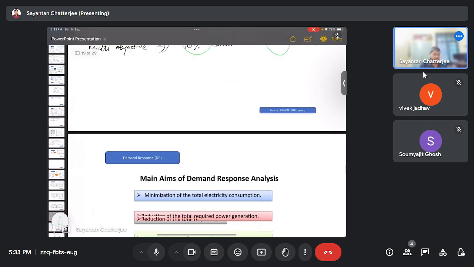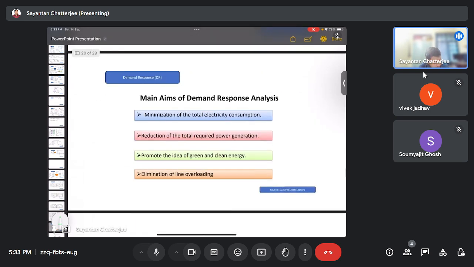So with this, we can discuss a bit of the demand response. Demand response can be considered to be a part of both the utility as well as the consumer part.